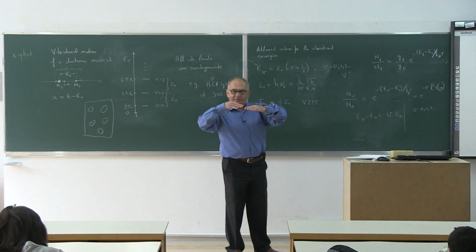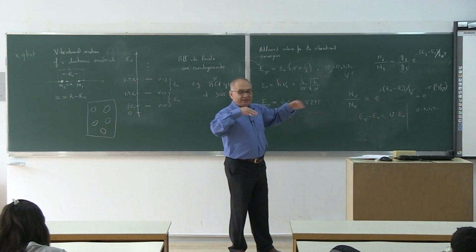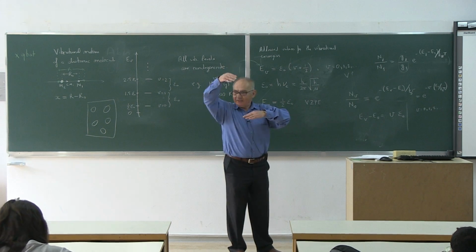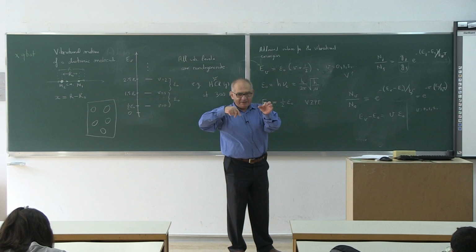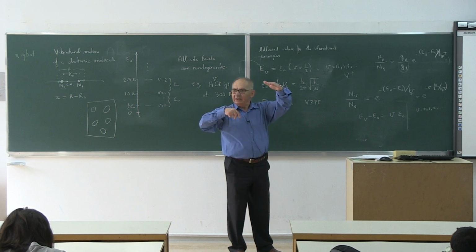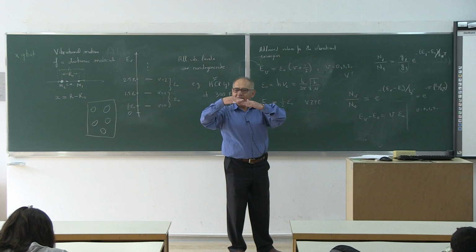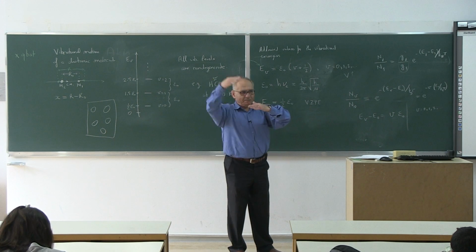What is important is, what are these numbers for v equals 1, v equals 2, the excited vibration levels? Are there a significant amount of molecules at those energy levels? That's our question. Remember, in the case of rotational levels, there was a large distribution.